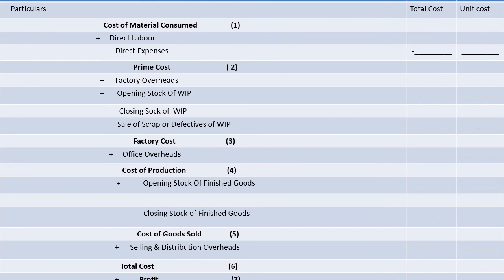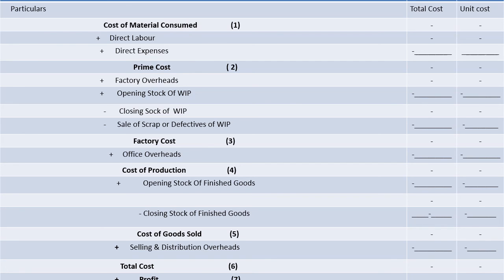This slide continues from the last slide. Cost of material consumed plus direct labor plus direct expenses, we get prime cost. In prime cost, we add factory overheads, opening stock of work in progress minus closing stock of work in progress minus sale of scrap or defective work in progress, we get factory cost.